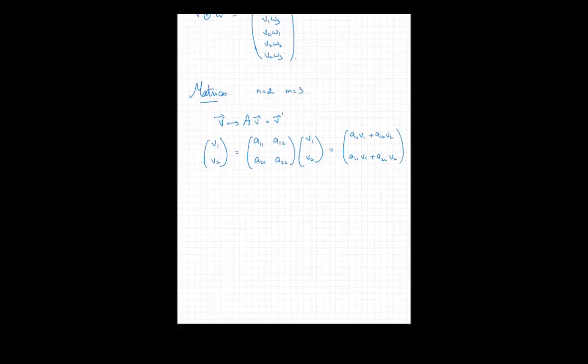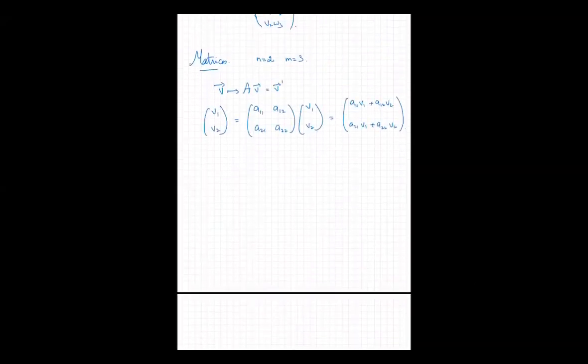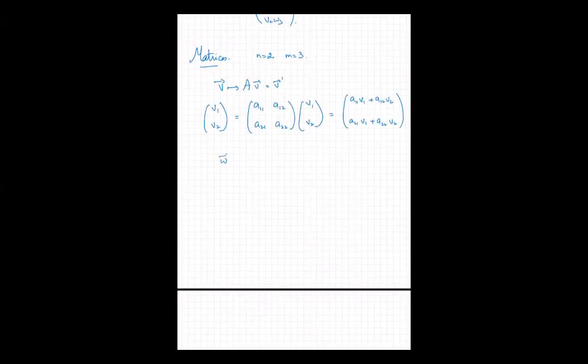Okay. Similarly, let me define a mapping that maps W onto W. So W goes to BW, which I will call some other vector in the same three-dimensional vector space W. So again, written everything out, W1, W2, W3 equals some 3 by 3 matrix, which I will call B11, B12, B13, B21, B22, B23, B31, B32, B33, acting on W1, W2, W3.